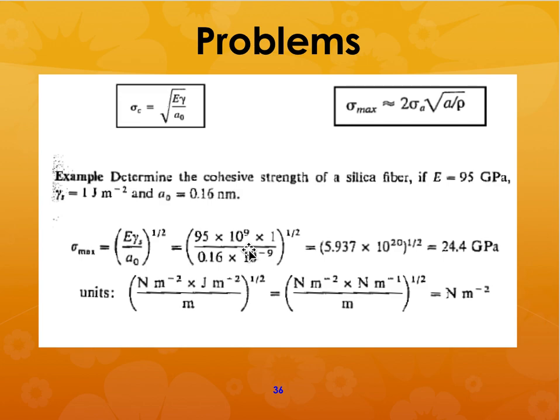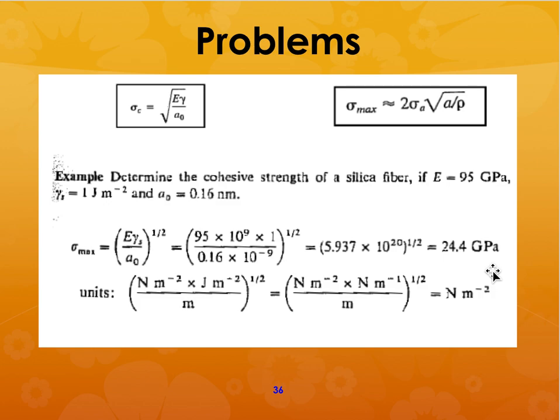So here are some example problems. From that you can actually calculate sigma max. You can see that E is equal to 95, so the elastic modulus is equal to 95 gigapascals.